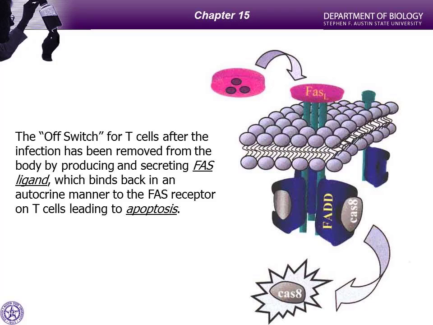The death domain. And it starts apoptosis. So basically, you can think of the T cells as they're doing their job. They're secreting T cell poison into their environment. And when there's enough T cell poison around them, which is about the time they've done their job, then they die. And you stop the T cell response. That's why you don't continue to feel bad after you've gotten rid of the infection or the pathogen.